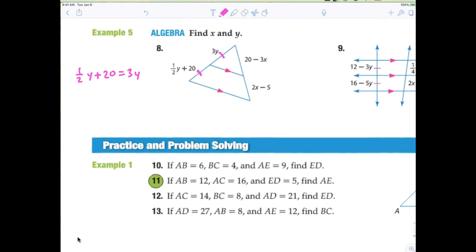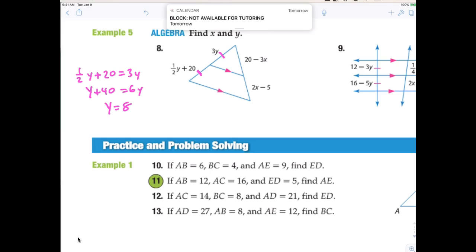So you could say y plus 40 equals 6y. Y equals 8. Everybody good on that? It's not bad. So if y equals 8, that means each side is 24. Do you agree with that?